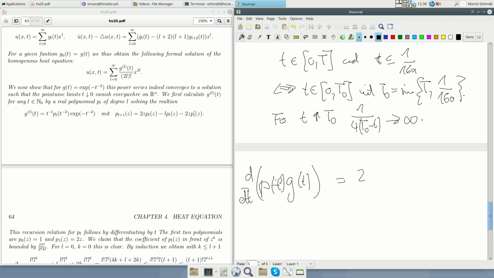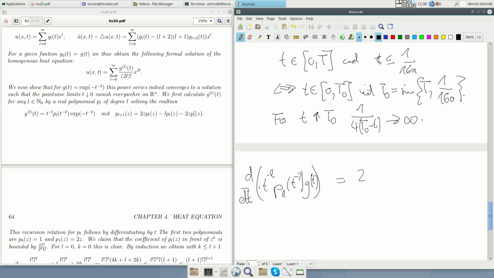Sorry, I forgot, of course we also need this power. So we have t to the power of minus L, some polynomial PL of t to the power minus 2, g of t.